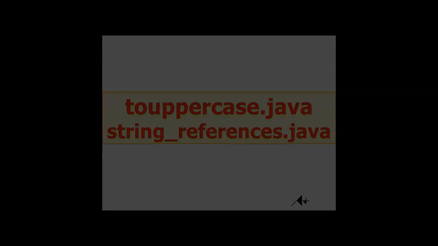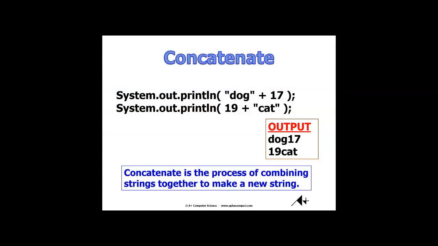Okay, let's take a look at concatenation and parsing. With concatenation, what we're doing is trying to make new strings. Sometimes we're just adding strings together to make new strings, and sometimes we're adding non-string values to strings to make new strings. So in this example, I'm adding the integer 17 to "dog" to make "dog17", and I'm adding "cat" to 19 to make "19cat".